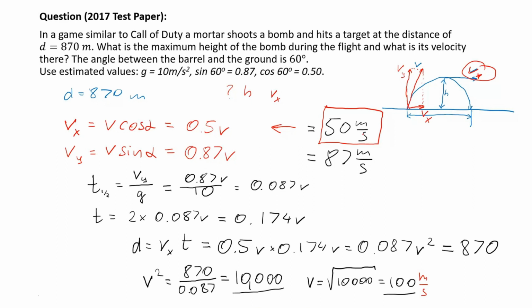There is no force working in the horizontal direction apart from the aerodynamic drag that we ignore. And the vertical component was 87 meters per second, but at the highest position of this flight, the vertical component dropped to zero, therefore the total velocity at this highest point is 50 meters per second, and this is the answer for this question.